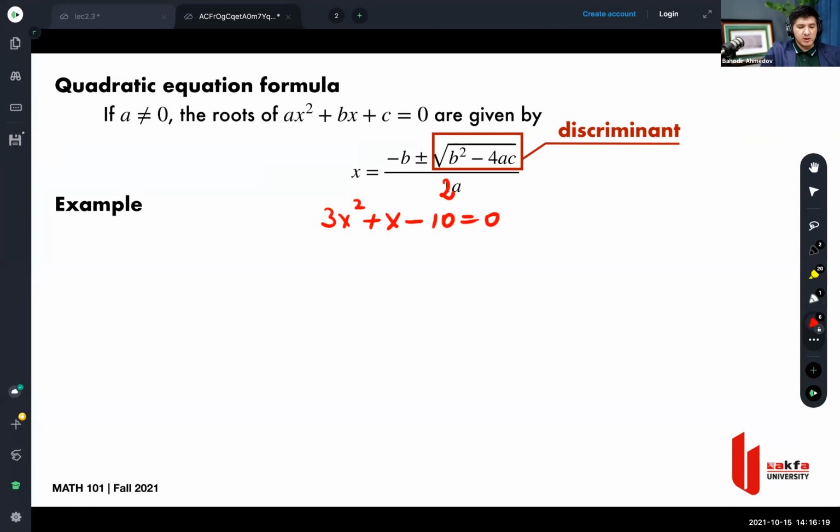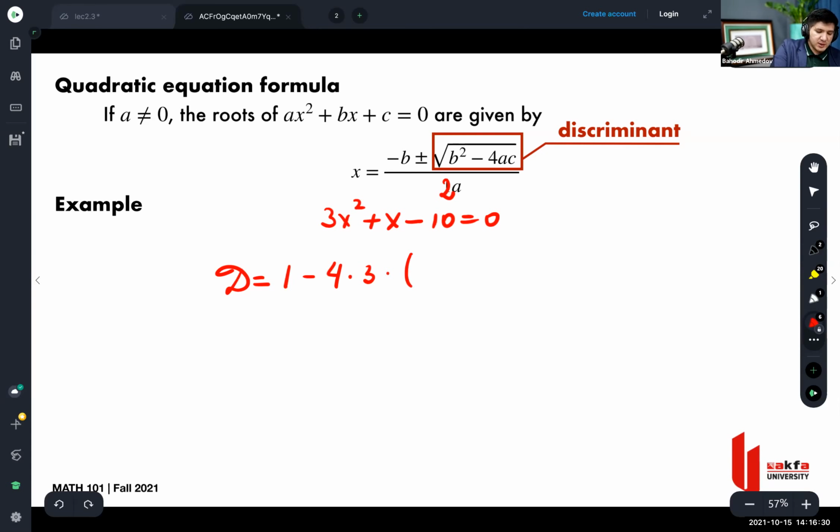First of all, I'm just going to evaluate the discriminant. The discriminant is going to be equal to b squared, which is 1, minus 4 times 3 times c, which is minus 10, right? So 12 times 10 is 120, plus 1 is 121. Well, it's positive. It means that I'm going to have 2 roots, right?